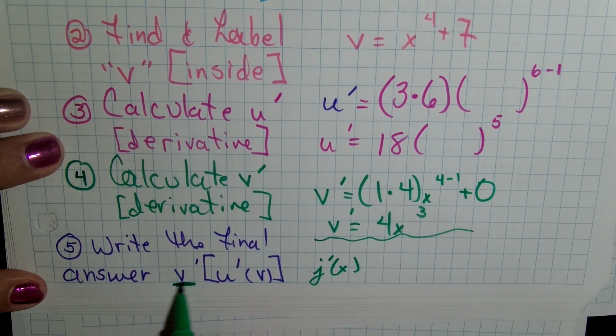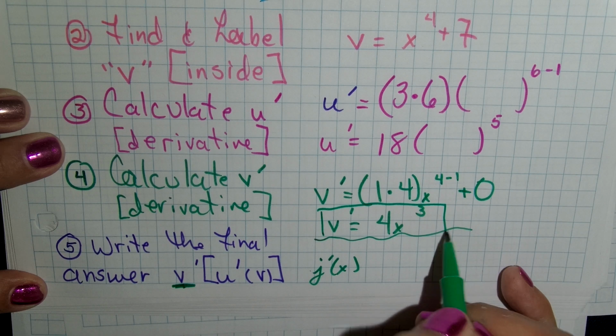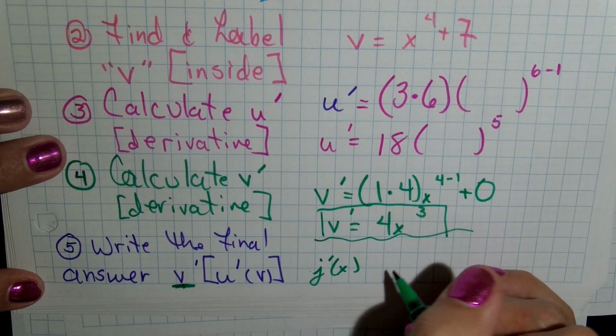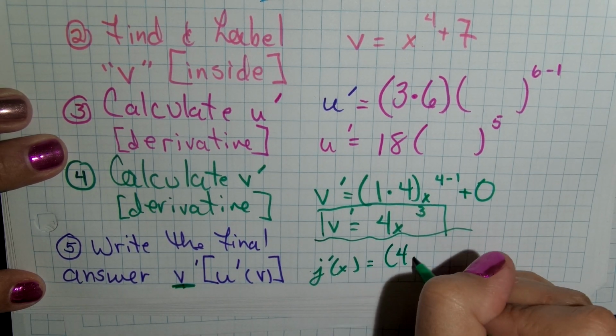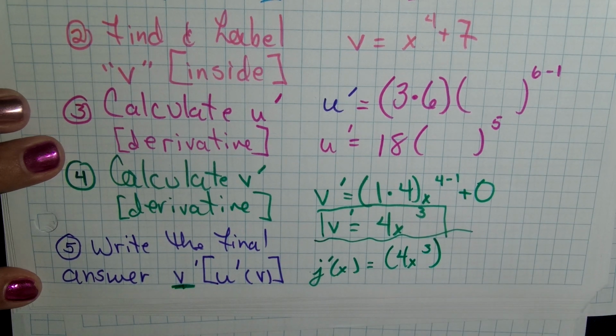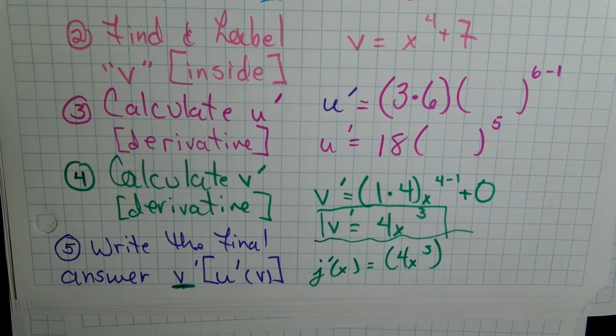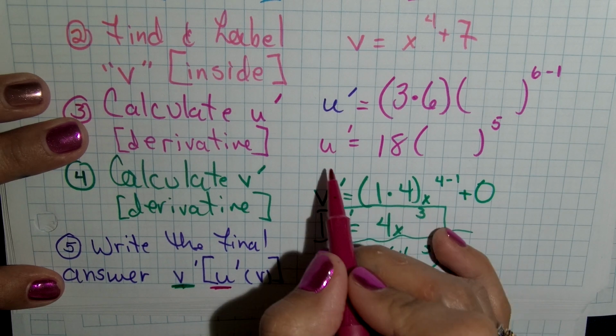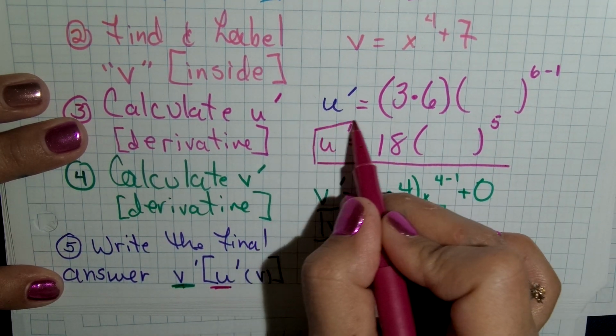It is equal to v prime, and here's v prime, 4x cubed. U prime is this right here.